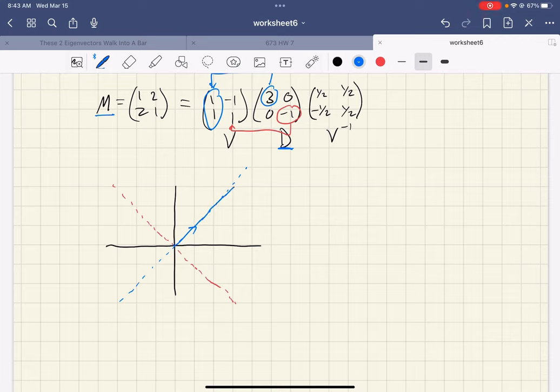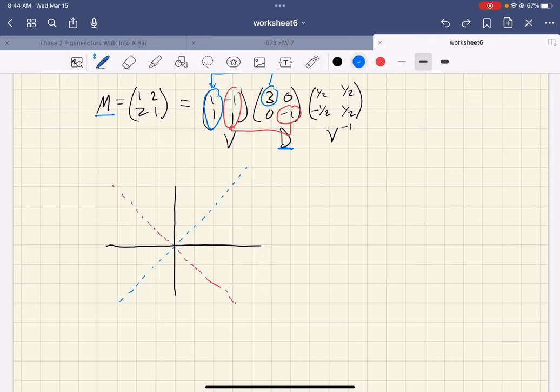So positive scaling moves this way, negative scaling moves this way, okay? And similarly, this vector, that's this one, positive scaling moves northwest, negative scaling moves southeast.